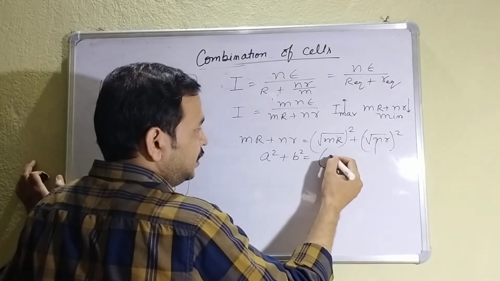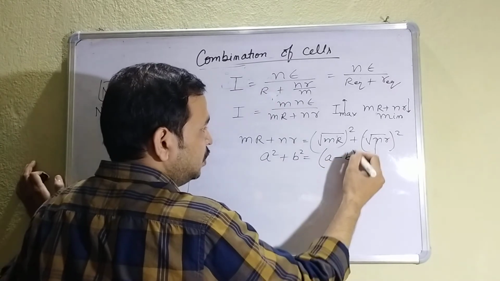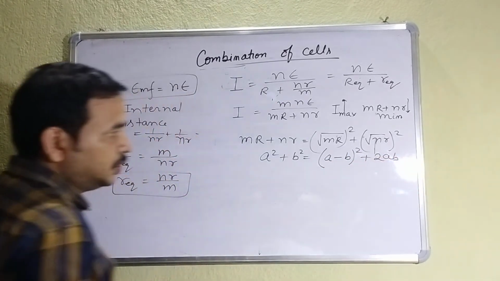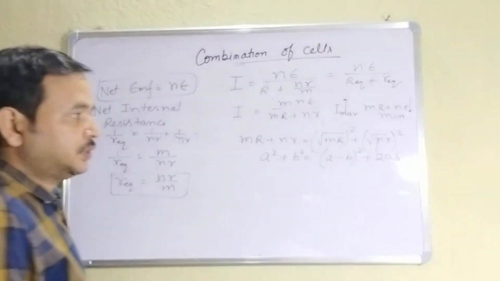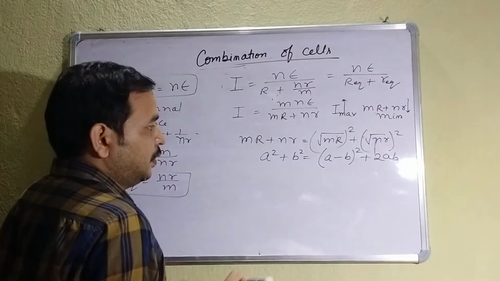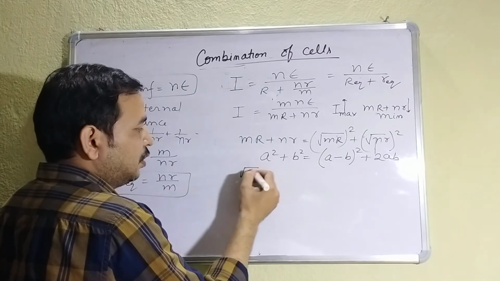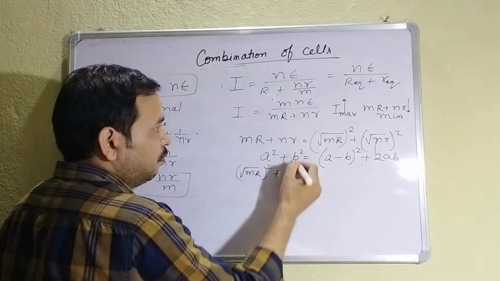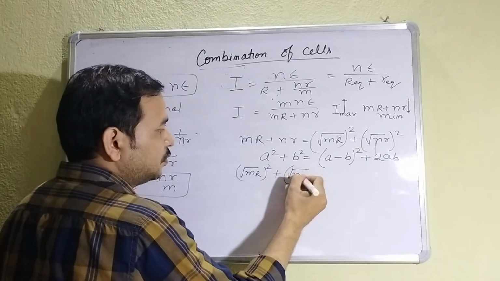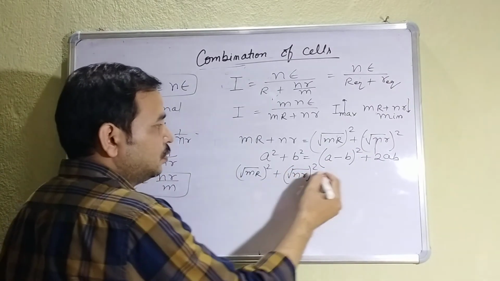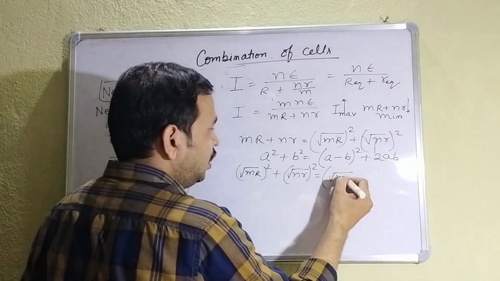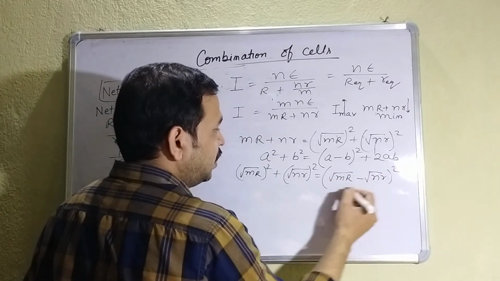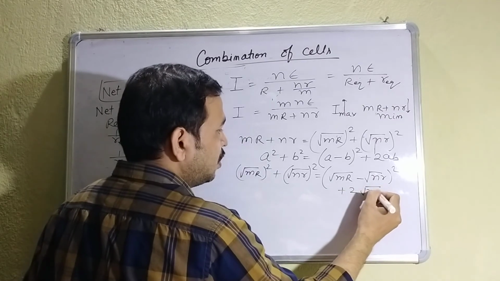So that I can write this as (a minus b) whole square plus 2ab. All this formula you have read in class 10 maths, so no need to explain. So a square, a is root under mR, and b is root under nr, is equal to (a minus b) whole square plus 2ab.